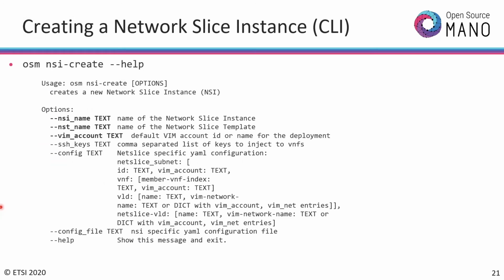Okay, the question is: is OSM expected to impose QoS policy from the NST on the VIM? The answer is no, it's not expected today. Probably in the future there will be mechanisms to do that, but today the QoS parameters and the flag are just a reference for the ones that want to deploy the network slice template, to say, okay, this VIM will support this kind of QoS, I will deploy there.